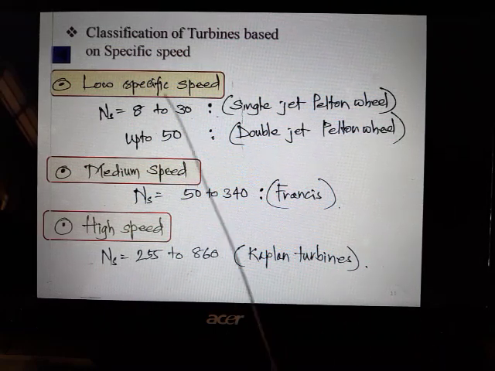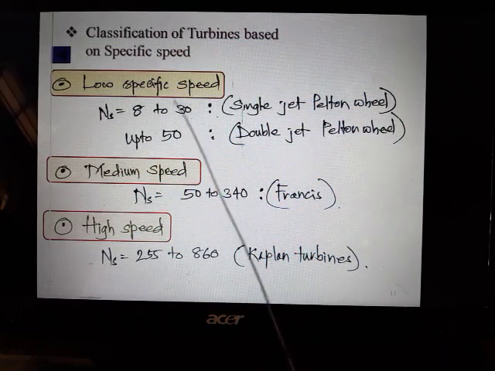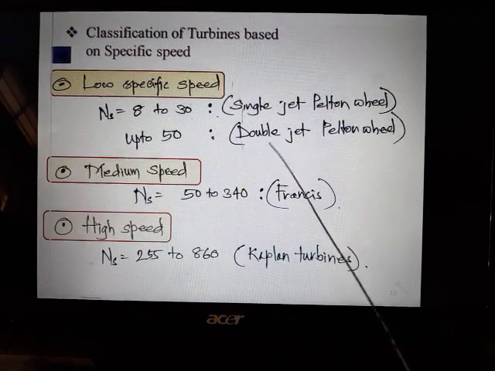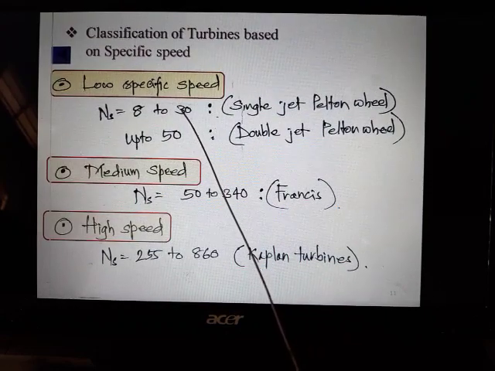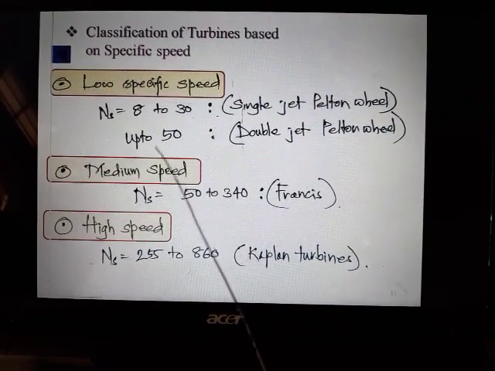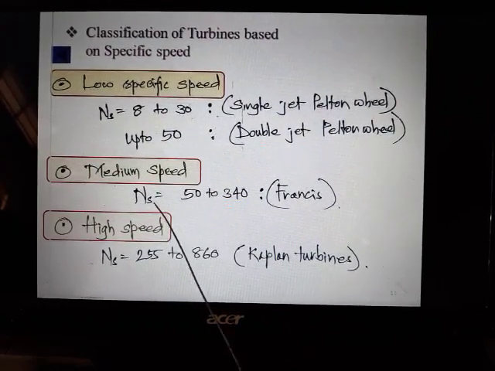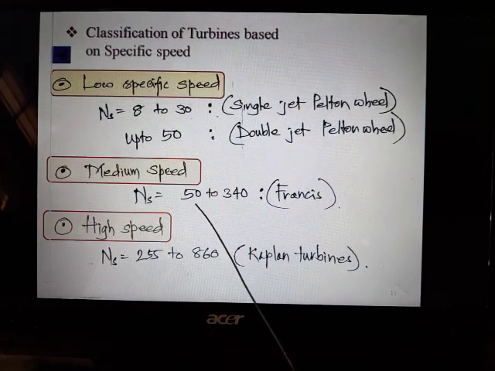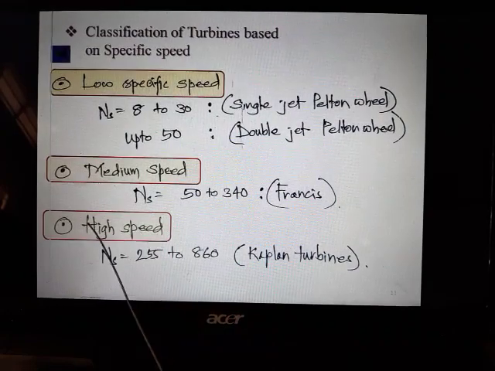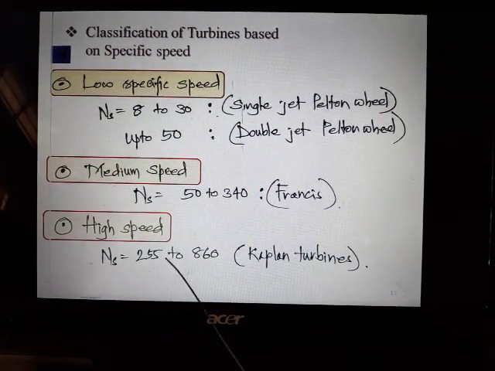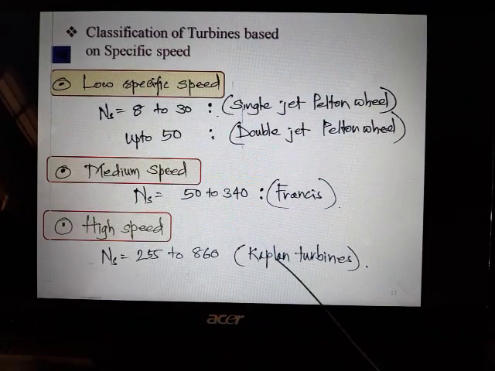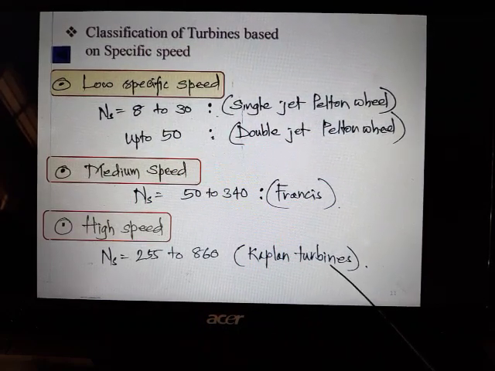Then it is classified as low specific speed, or up to 50 if it is a double jet Pelton wheel. Medium specific speed has NS in the range of 50 to 340, which is Francis. Then high specific speed is NS equal to 250 to 860, which is Kaplan turbine.